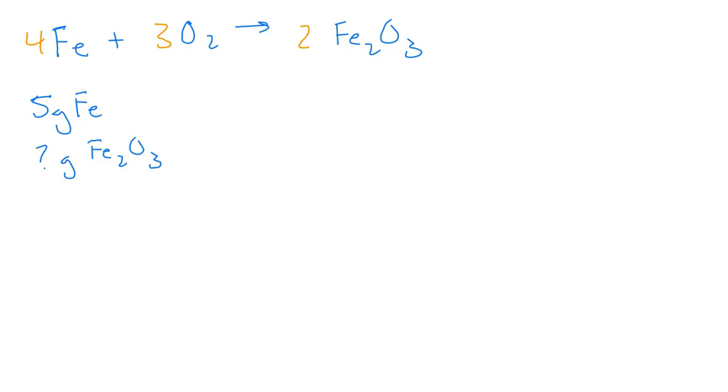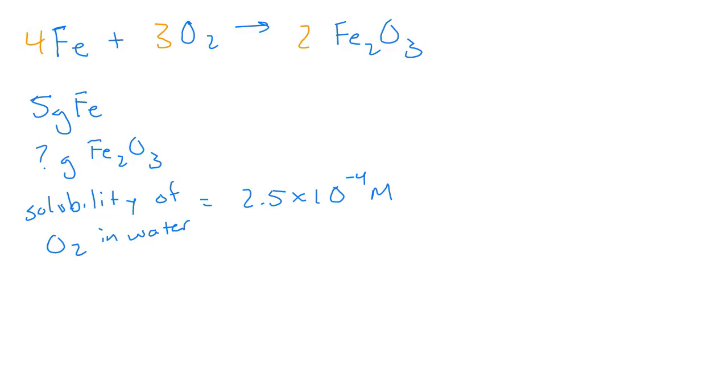And we know the solubility of oxygen in water, right? 2.5 times 10 to the negative 4 molarity. So that means the more water we have, the more oxygen will enter the water, and it'll react with the iron that's dissolved in there.